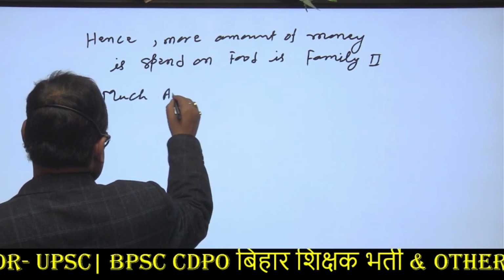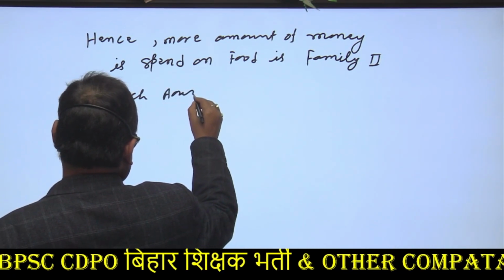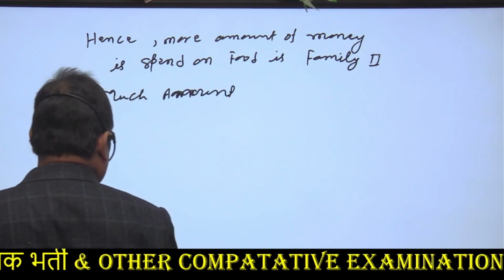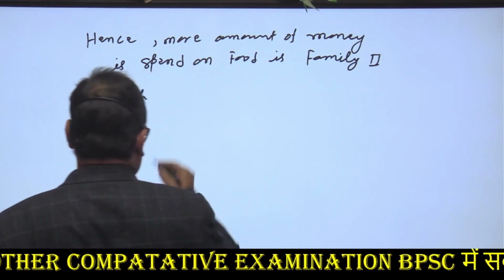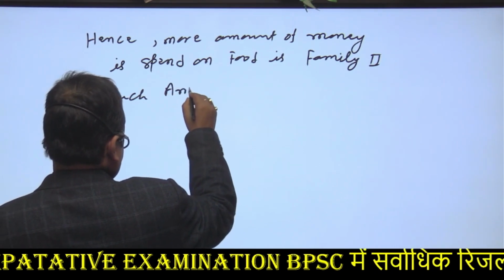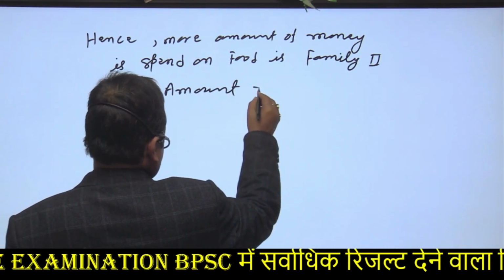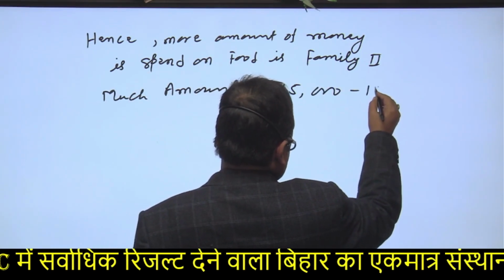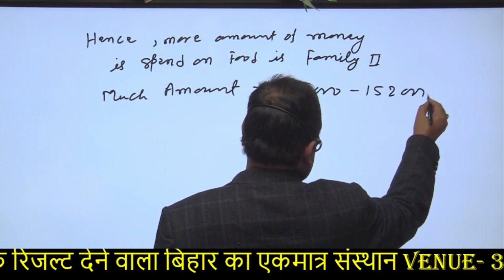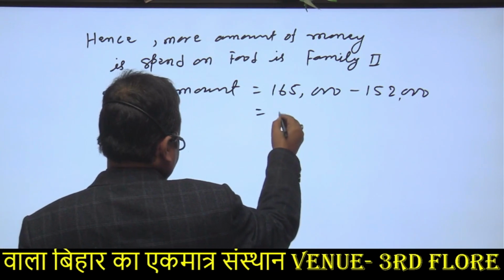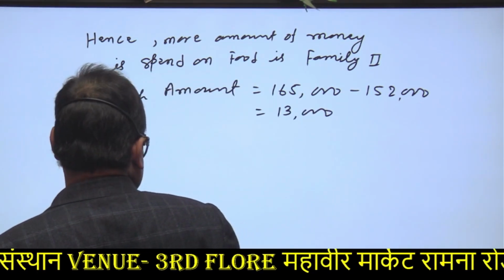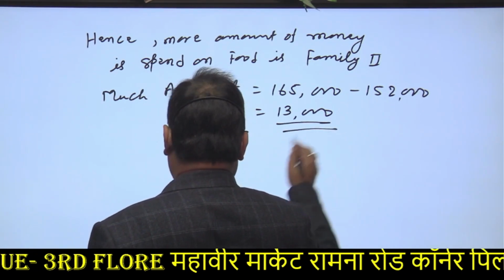How much more equals 165,000 minus 152,000 equals 13,000. This is the required answer.